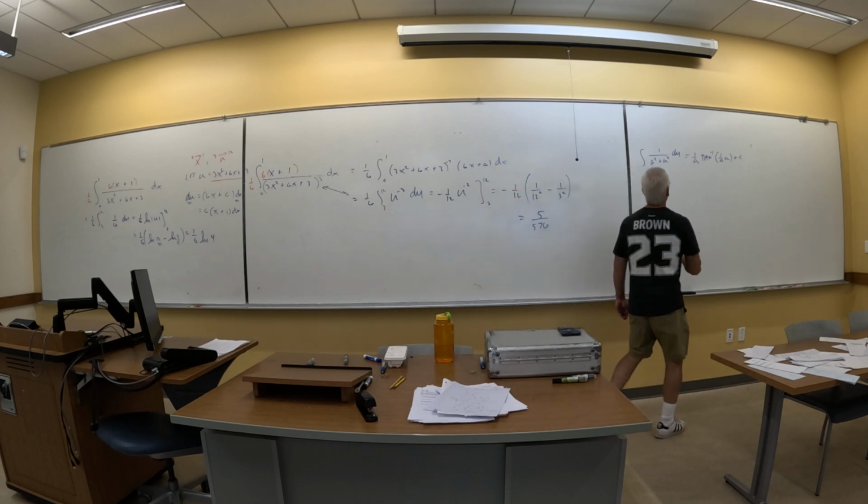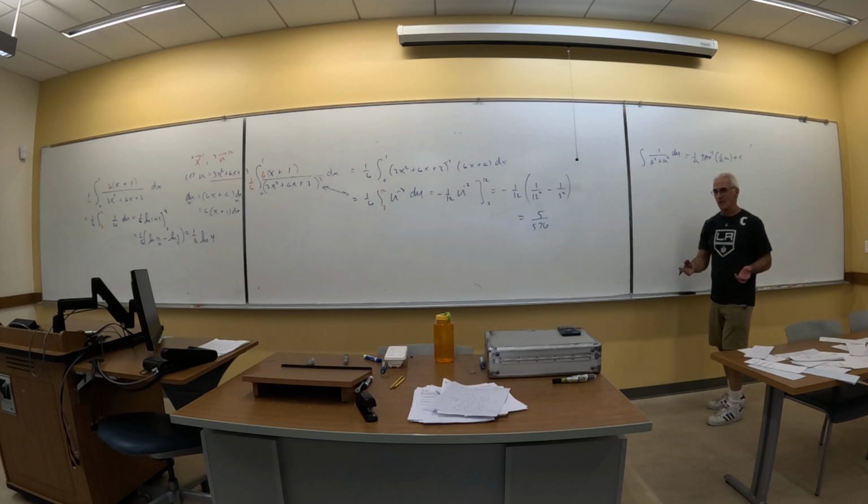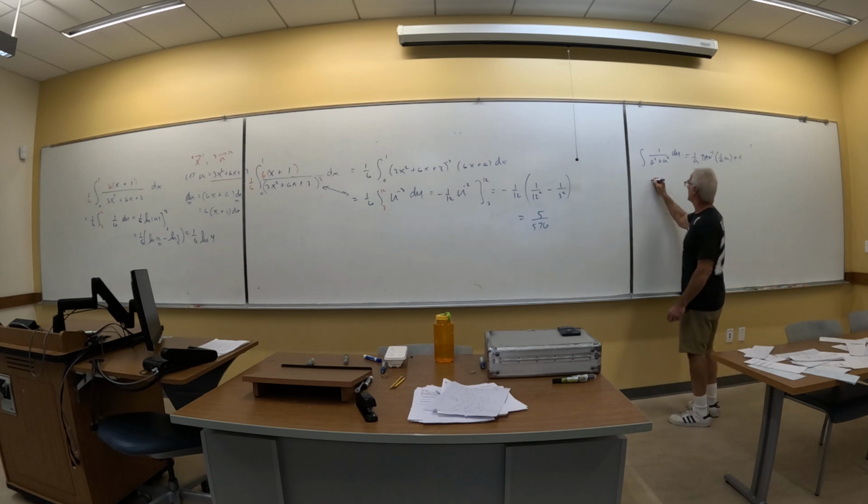Okay? So what if I have something of this form and now I have a definite integral? Let's do an example. I'll start with a simple one. I always like simple.